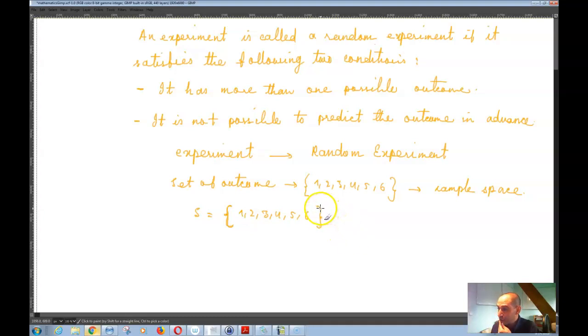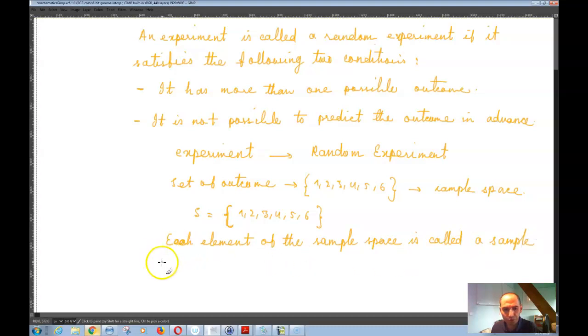Each element of the sample space is called a sample point.